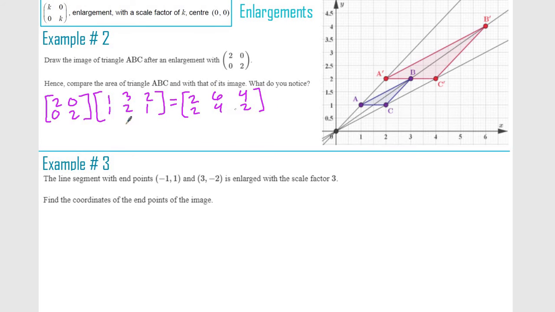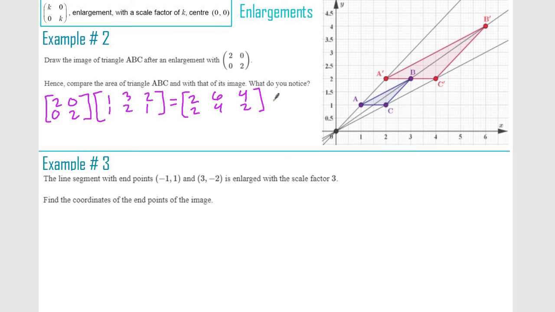All right, so these are our new points. Okay, notice what happened. Everything just doubled. When you multiplied it by this, the left diagonal, right? The right diagonal is zeros. It looks like multiplying everything by 2. Okay. So that's an enlargement.